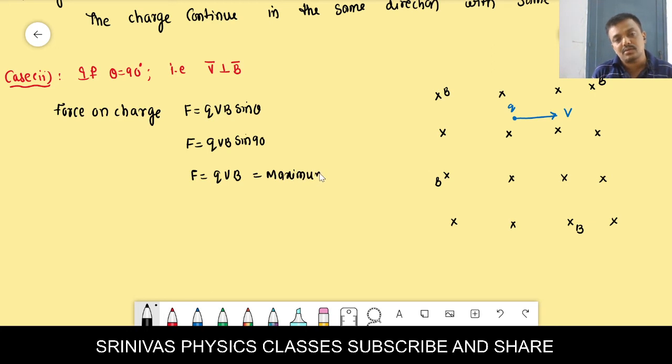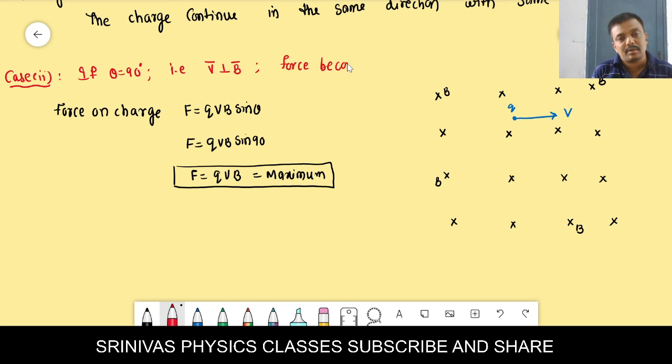Minimum force is 0 and the maximum force is QVB. That means in this case the force becomes maximum when velocity is perpendicular to the magnetic field.